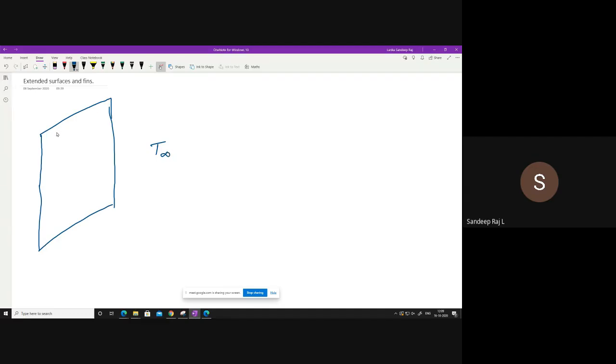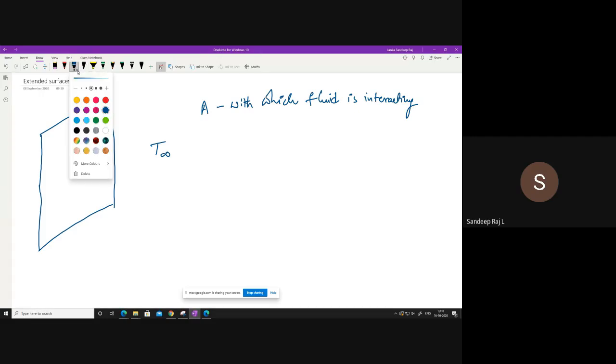Whatever the area that is present here, that is the area with which the fluid is interacting. So this will be the convection area available for the convection.